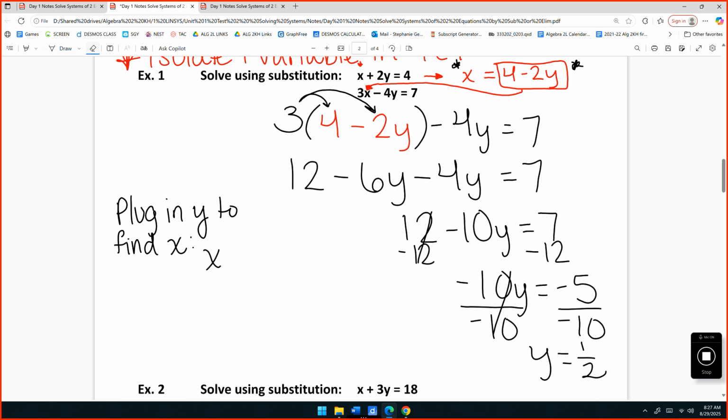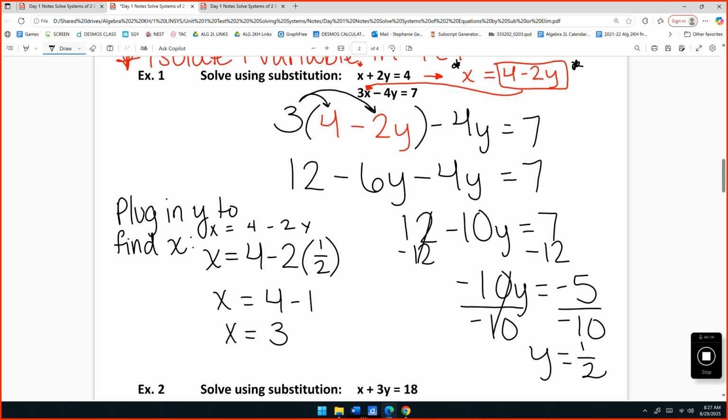I didn't plug that in right. x equals 4 minus 2y, so 4 minus 2 times 1/2. There we go, because I'm plugging it into this equation, x equals 4 minus 2y, and I'm just plugging in y. So 2 times 1/2 is 1, 2 halves make a whole. So x is 3.